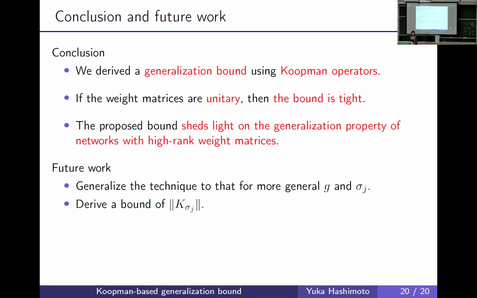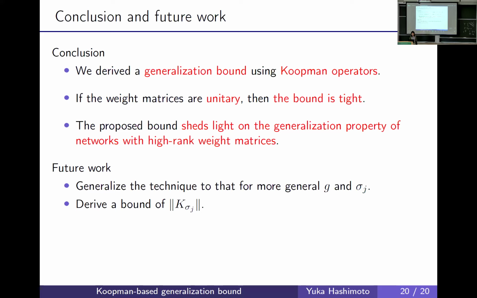So in conclusion, we derived a generalization bound using Koopman operators. If the weight matrices are unitary, then the bound becomes small, and our bound sheds light on the generalization property of neural networks with high rank weight matrices, which is not fully understood by existing results.